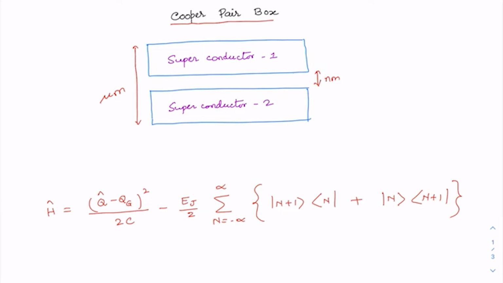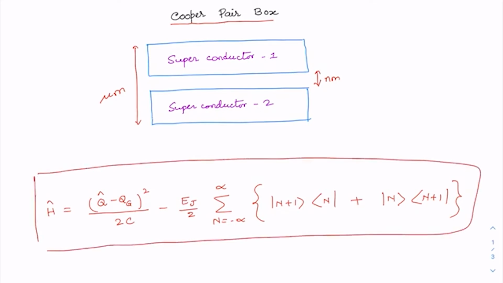We learned how to write down the model Hamiltonian for a Cooper pair box in the last class. Here, the first term refers to charging energy, and the second term denotes the energy involved in tunneling of Cooper pairs from island 1 to island 2 or from island 2 to island 1.